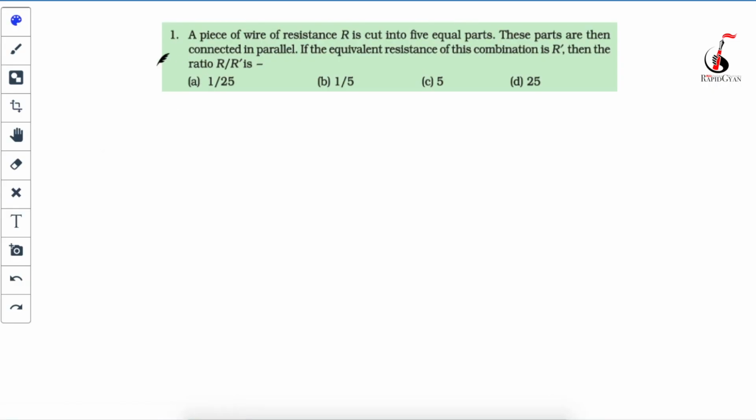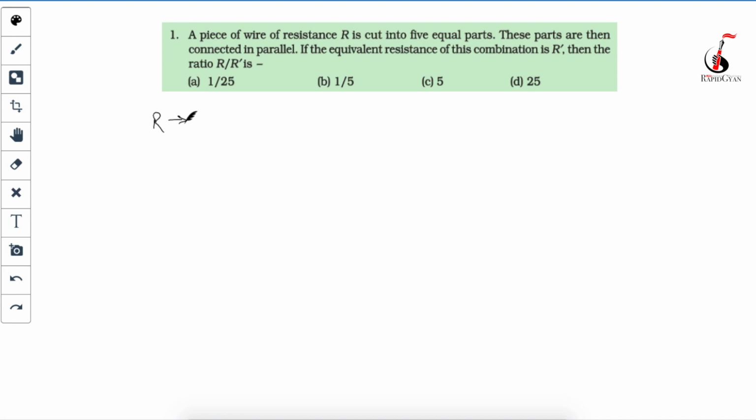Okay. So a piece of wire of resistance R is cut into 5 equal parts. These parts are then connected in parallel. So if the equivalent resistance of this combination is R dash, then what is the ratio? So what's your resistance R? Resistance R is cut into 5 pieces.